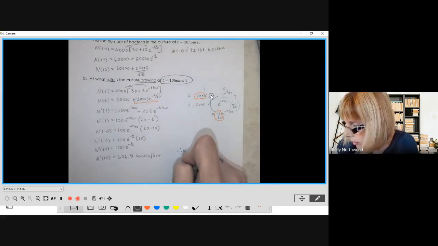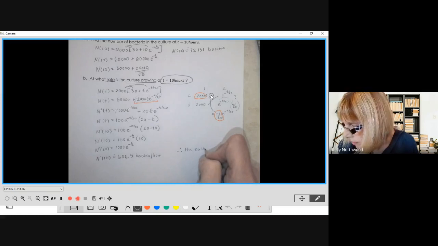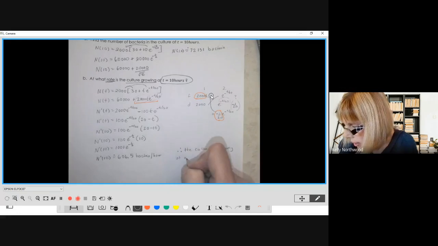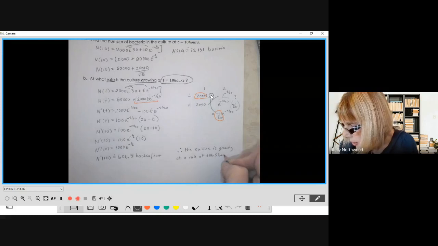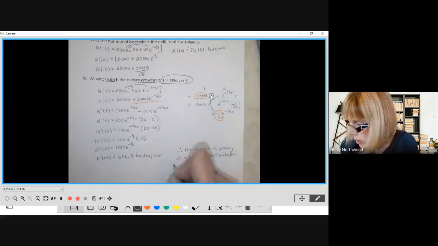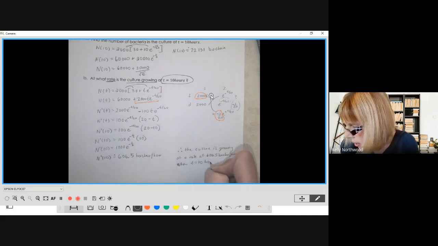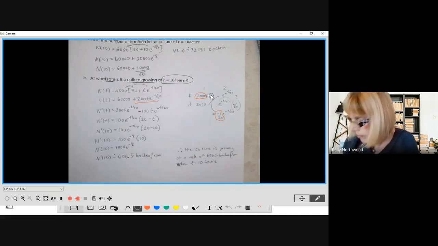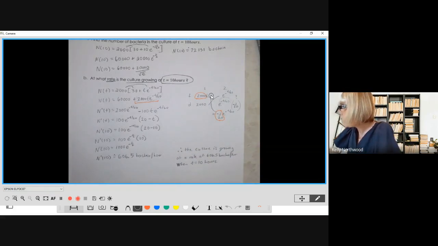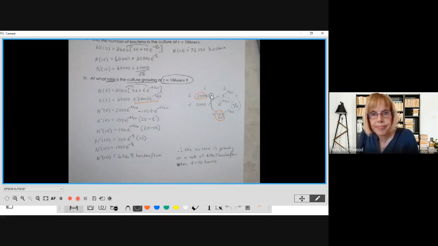So therefore, the culture is growing at a rate of 606.5 bacteria per hour when t equals 10 hours. So finish that statement, and then I want to go back to the first page. I forgot to just talk about the graph of that exponential function at the very beginning. So I'd like to do that before you try the practice.